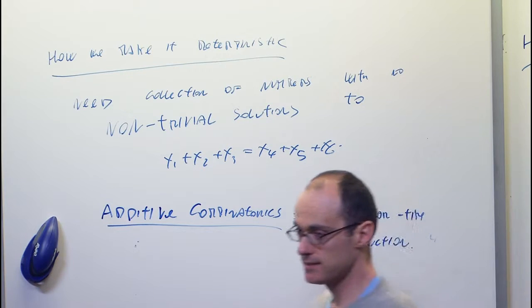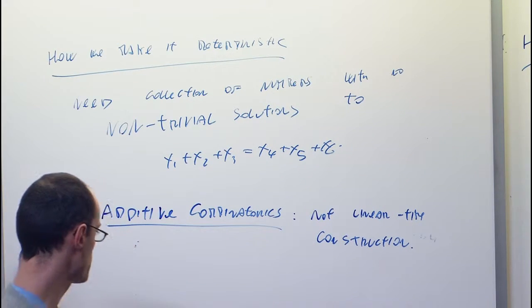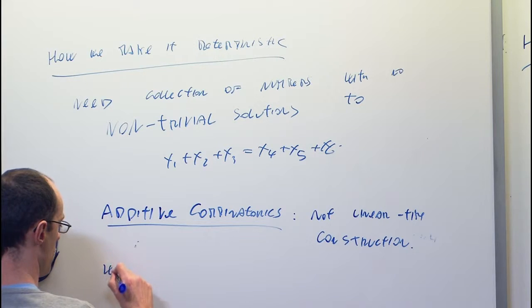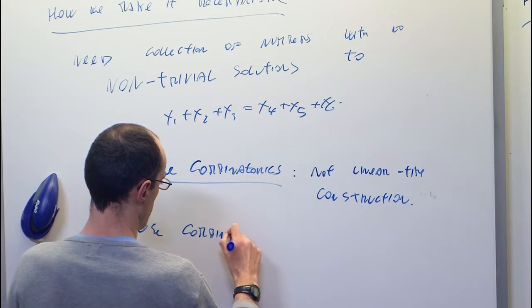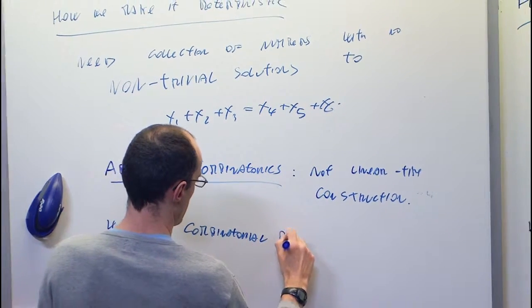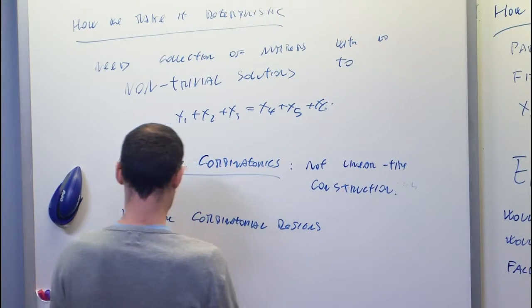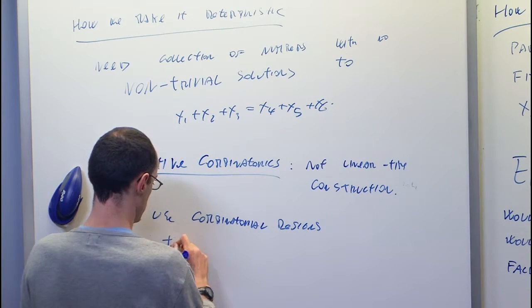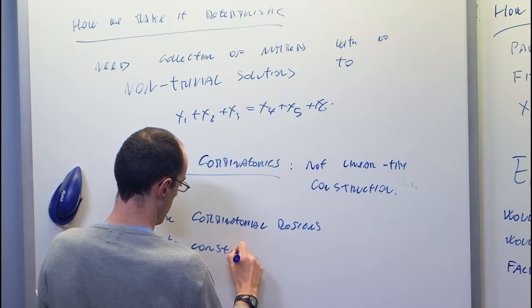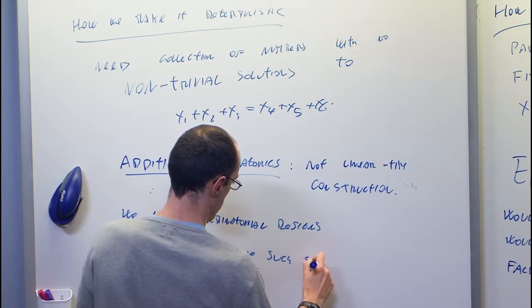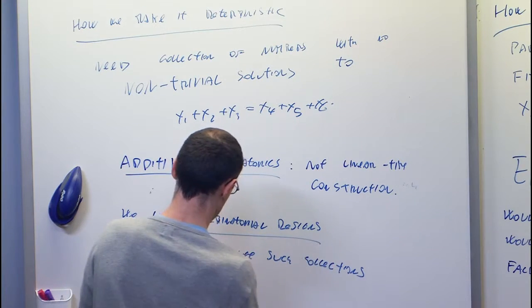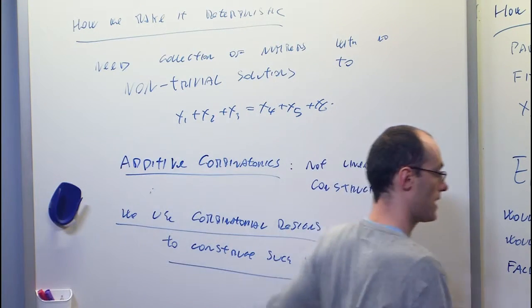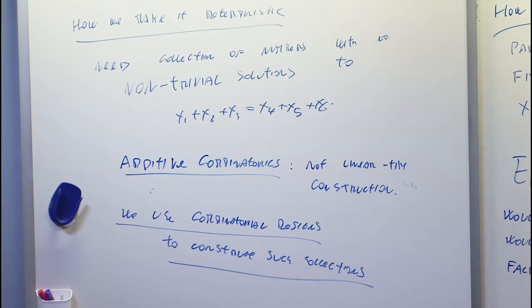Instead, we use a different approach. We show how to use combinatorial designs to construct such collections. We are not going to get the same precise bounds, of course, on the size of this collection, but it will be good enough for us.